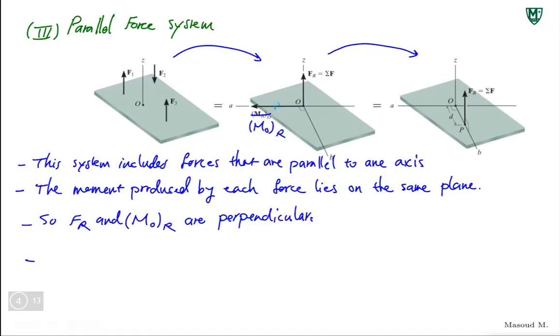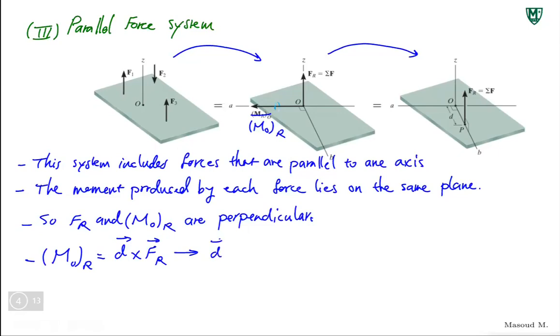How do I find that d? So the same thing, but this time it's in three-dimensional space. I know MRO is, I have to write it in vector notation, d cross FR, because whatever that moment is going to be should be equal to MRO to cancel it out.